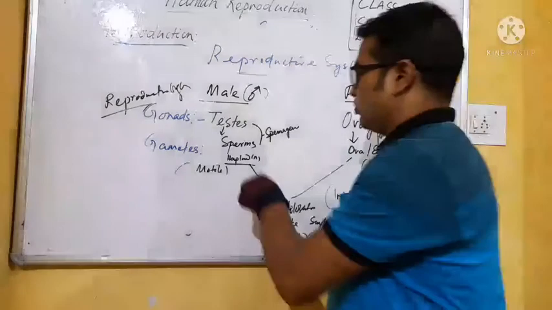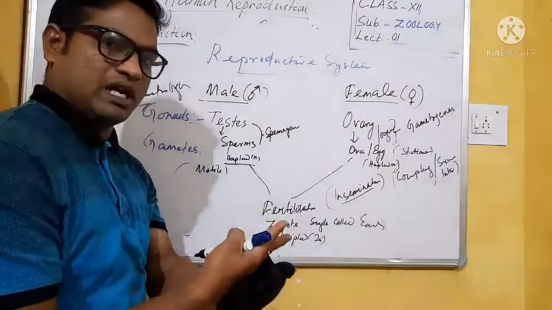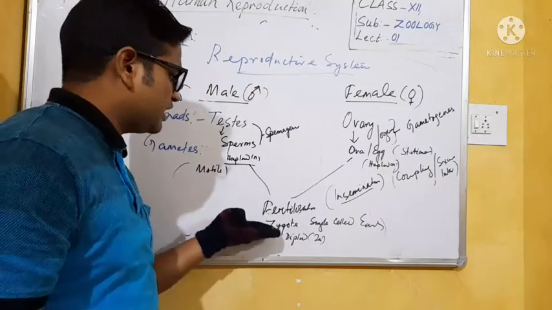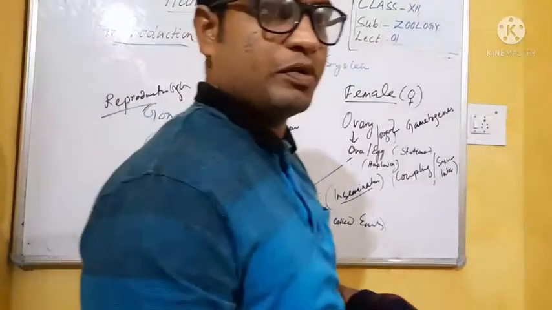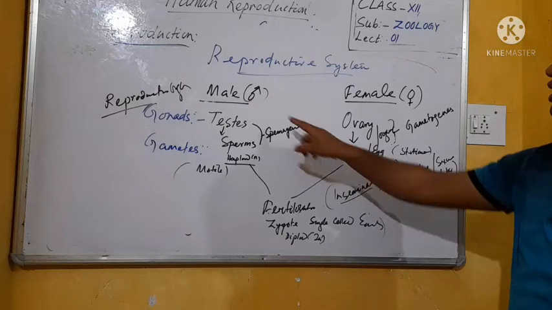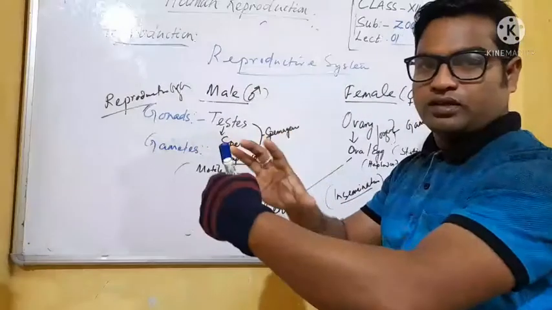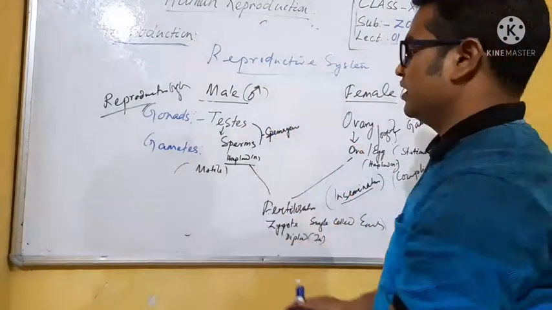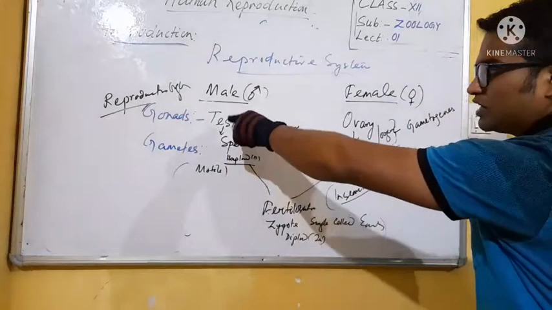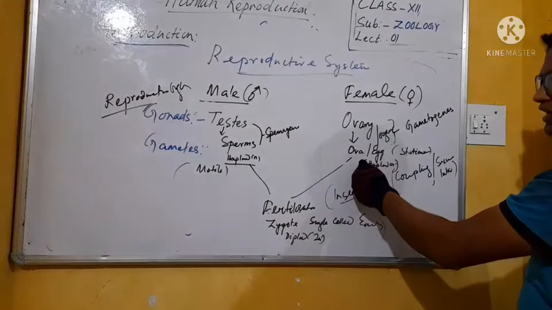Next, sperm and ova are then fertilized. The process is known as fertilization. How will fertilization be possible? When there is sexual intercourse between male and female. If male and female are coupling or sexually intercoursed, then the sperm of the male testis goes to the ova of the ovary.